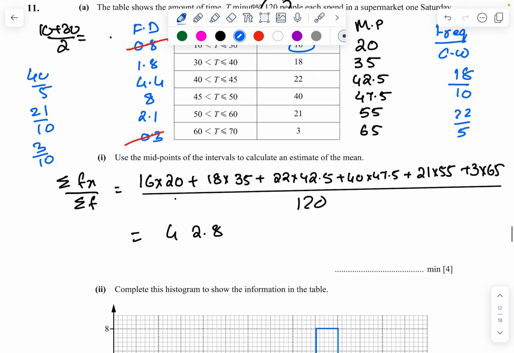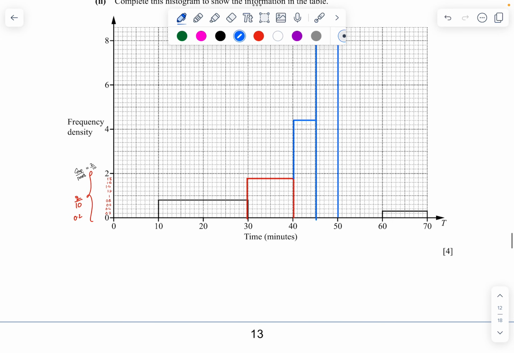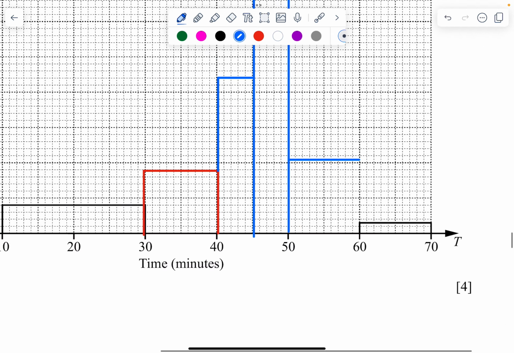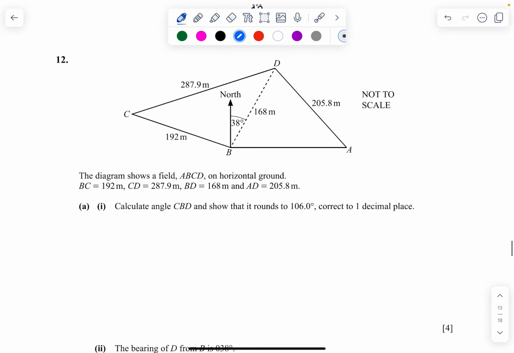Then from 50 to 60, it is 2.1. So you can see that in between 2.2 and 2.2, it is 2.1 for 50 to 60. This is going to be the histogram.